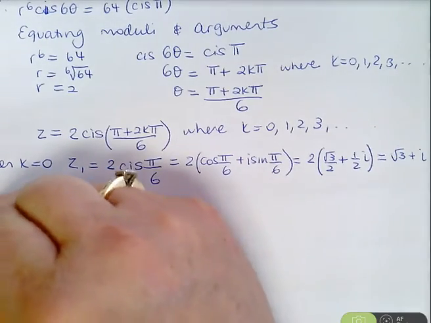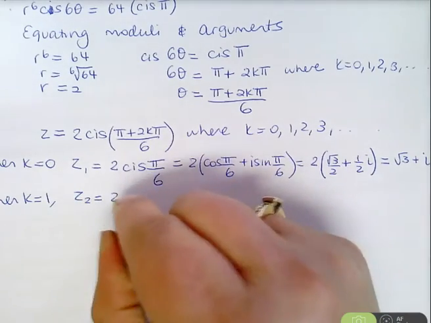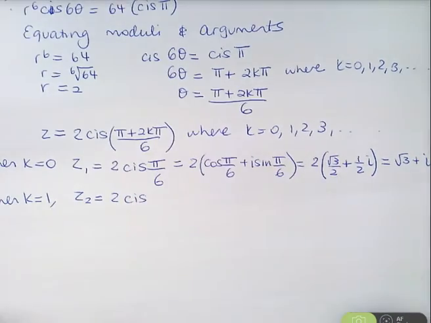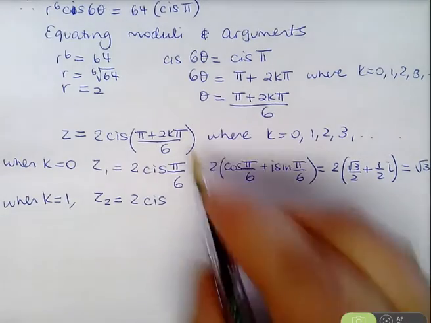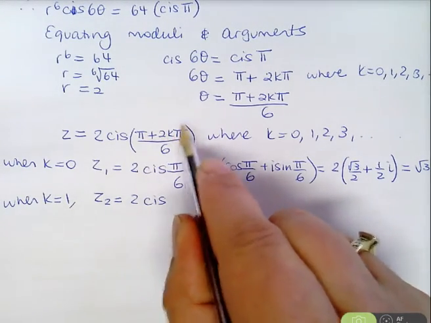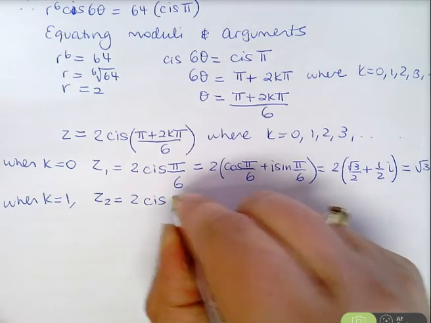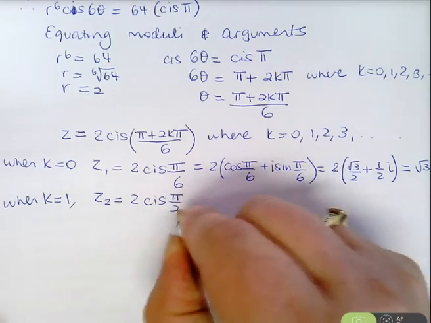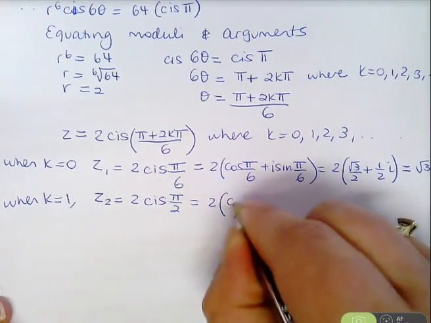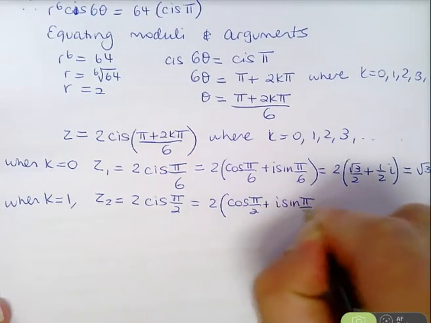Now, when k is 1, my second root will be 2 cis. If k is 1, I get pi plus 2 pi, that's 3 pi on 6, and 3 pi on 6 is pi on 2, which is 2 cos of pi on 2 plus i sine pi on 2.